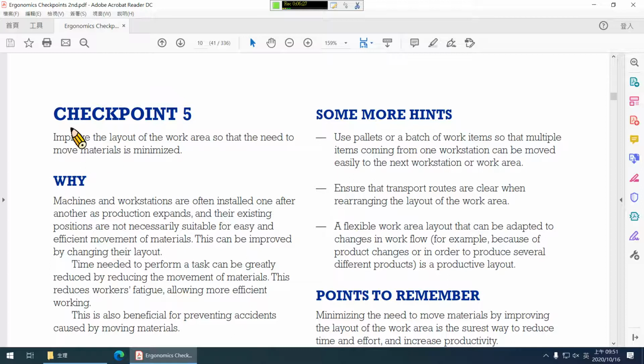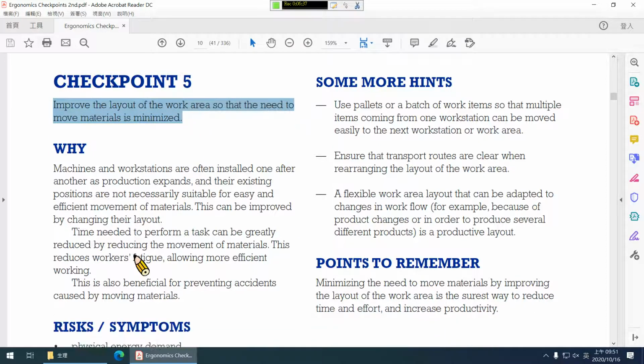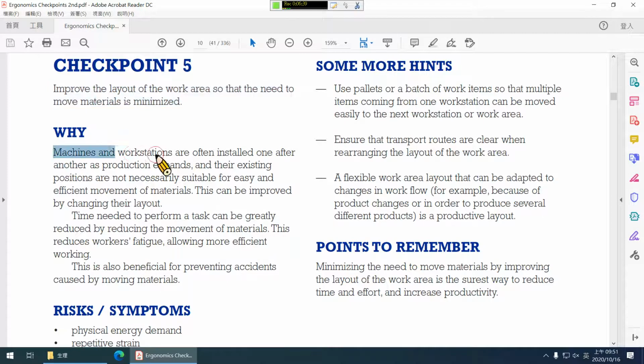Another example, checkpoint 5. Improve the layout of work area so that the need to move materials is minimized. Let's look at why. Machines and workstations are often installed one after another as production expands, and their existing positions are not necessarily suitable for easy and efficient movement of materials.